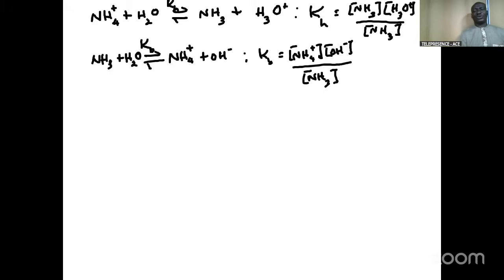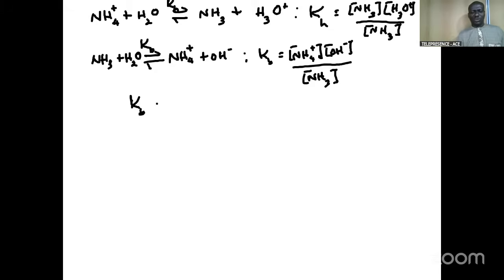What we are trying to do, don't be agitated, is look at either of them. I may decide to work with Kb. I want to see, can I establish a relationship between Kb and Kh? That's the objective. We can. As I'm working with Kb, you also think of what you can do with Kh to get Kb.